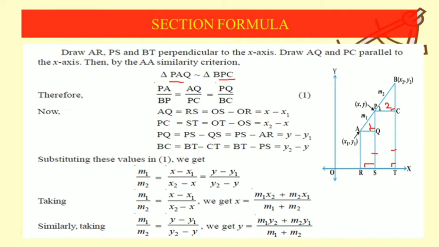So this angle and this angle will be equal. Why? These are making a pair of what? Corresponding angles, and this angle is 90 degrees, this angle is 90 degrees. So triangle 1 and 2 are similar by the double A criterion, similarity criterion AA.